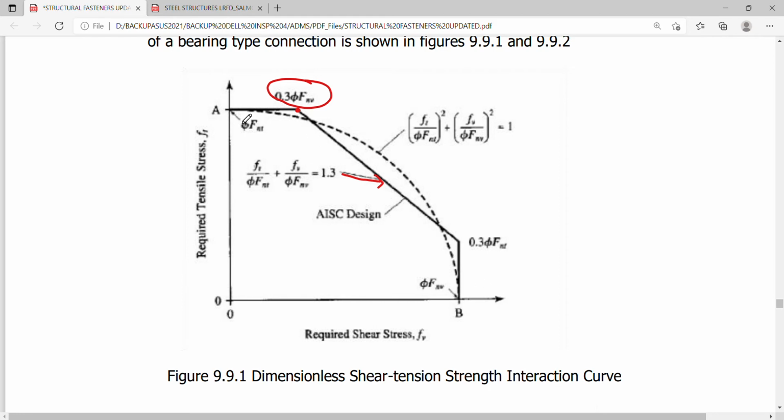So this is the limit. You have here this horizontal line as your limit for the Ft value, and this vertical line as the limit for your shear value. This is tension, and this is the shear.